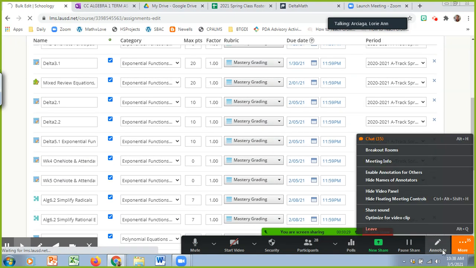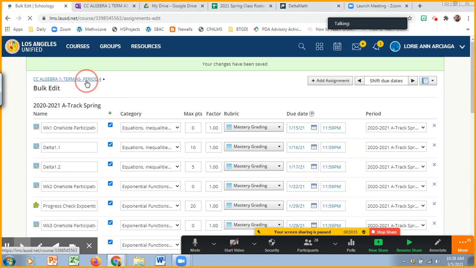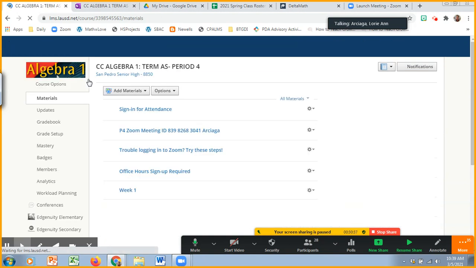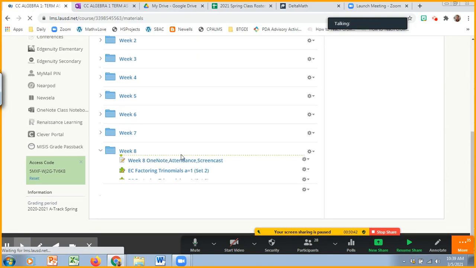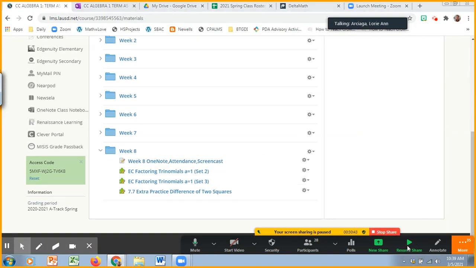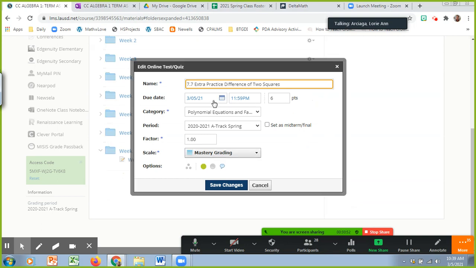Okay, so now let's go to our work today in Schoology. I'm pausing my screen. Give me 1 second because I don't want the grades to be showing. Okay, resume share. Here we go. So let's do this. Extra practice, difference of two squares. This must be done, what's the date today?